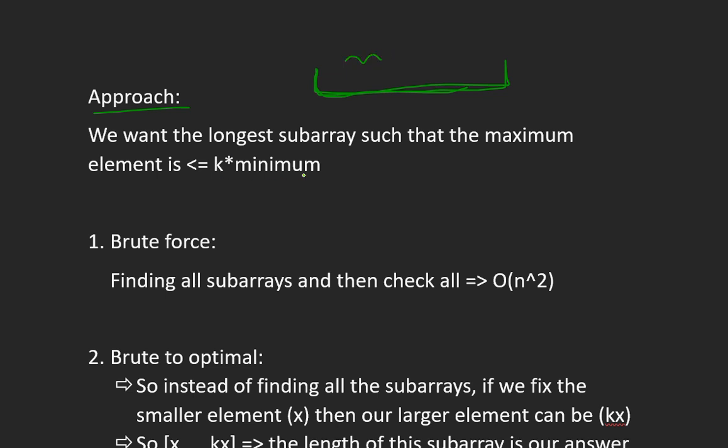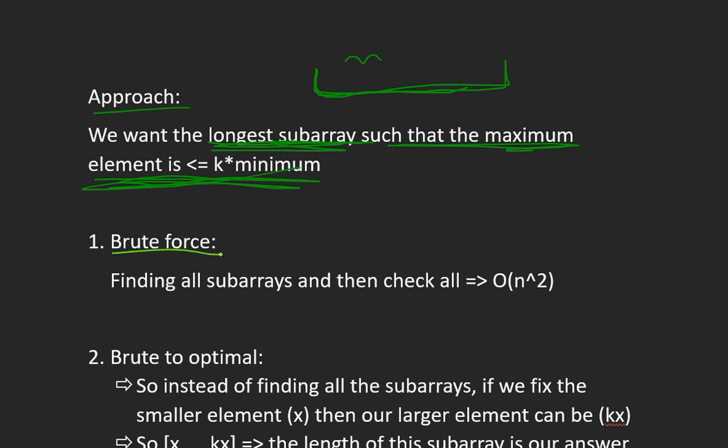So can't we just say that we want to find the longest subarray such that this condition is satisfied, right? Earlier our question was to remove elements such that the remaining array is balanced. Instead, we will modify the question to finding the longest subarray such that the maximum element is less than or equal to k times the minimum, right?